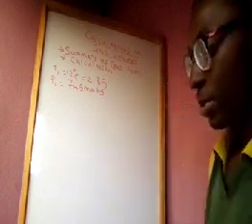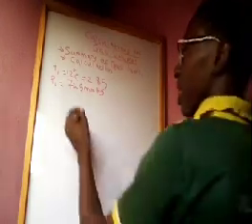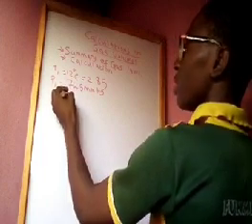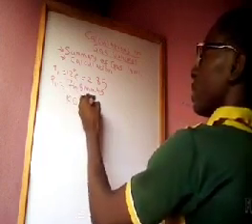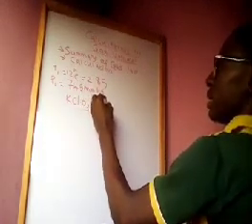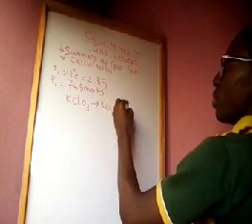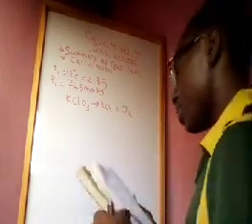Moving on to the solution, let's represent the equation of the reaction: KClO3, potassium trioxochlorate, will decompose to form potassium chloride, KCl, plus oxygen.